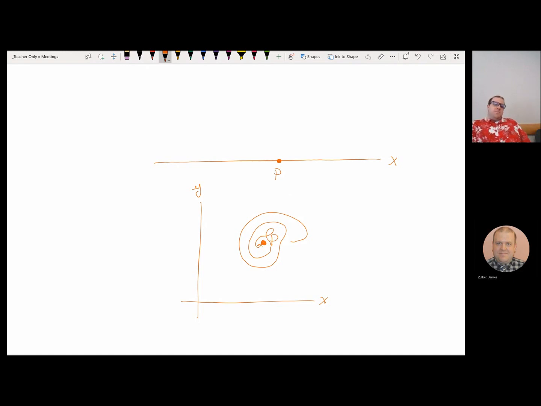Right? Because indeterminate could mean the limit exists or possibly not. To show that the limit doesn't exist, Calc 1 was easy. You just calculated the left-hand limit, right-hand limit, and showed that they were not the same. We're now dealing with multivariate. You have to find two paths approaching the point where the limits are not the same.